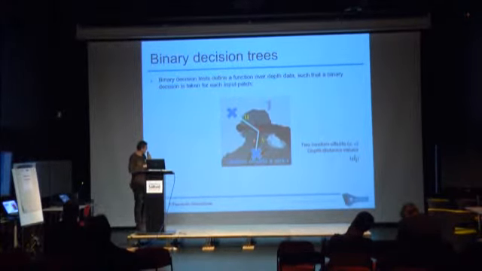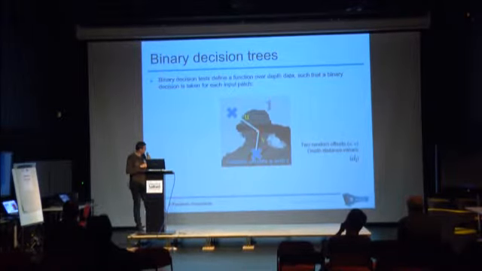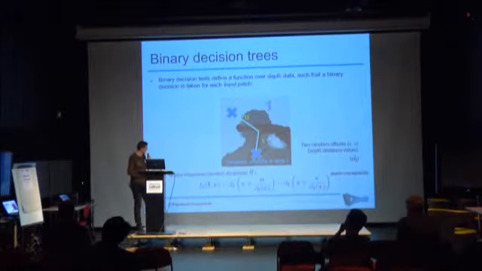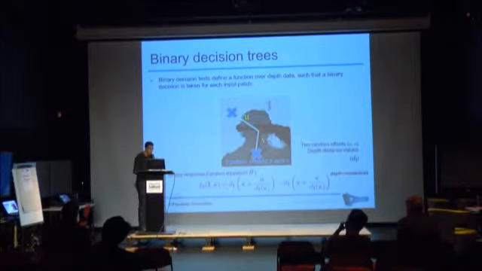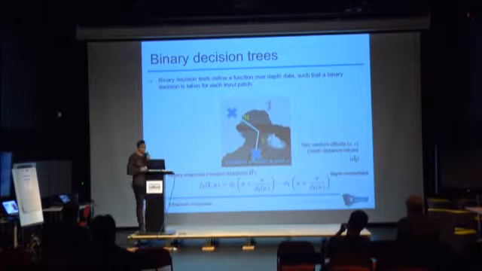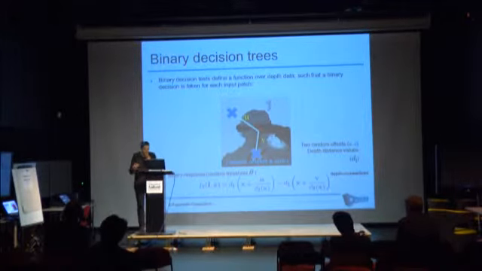You measure the distance between the points, the distance in depth. You know the depth of this point and the depth of this point, so you know the difference. And you create a threshold based on training data. So you have patches of your gestures, and you train this equation so the threshold corresponds to a correct classification.